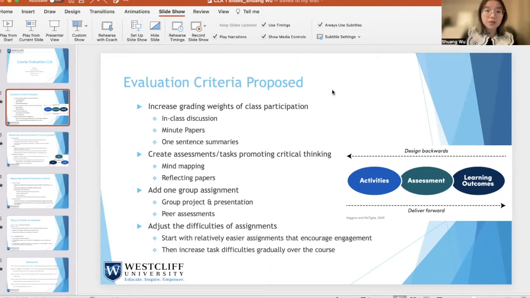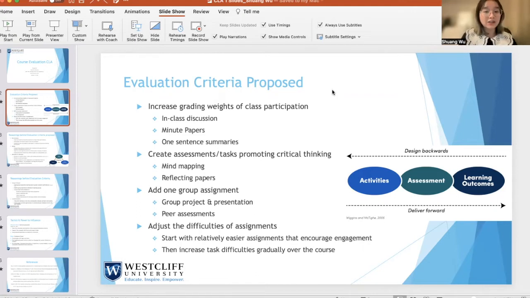For those students who don't get the chance to speak in class, they can still gain points by submitting a minute paper or one sentence summary after the class to show that they have actually paid attention to the class content and the topics we discussed in the class.